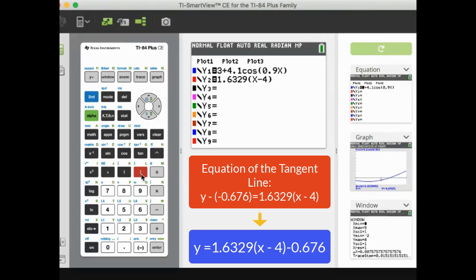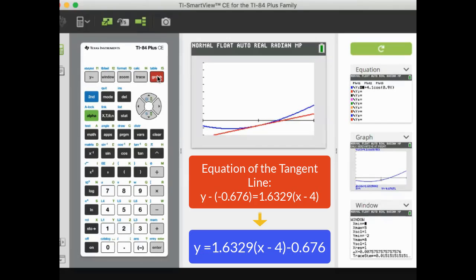And don't forget, it was y minus, so I have to add my y-intercept: minus 0.6767. Now let me graph that. Look at it, there is the tangent line at the point 4, right there.